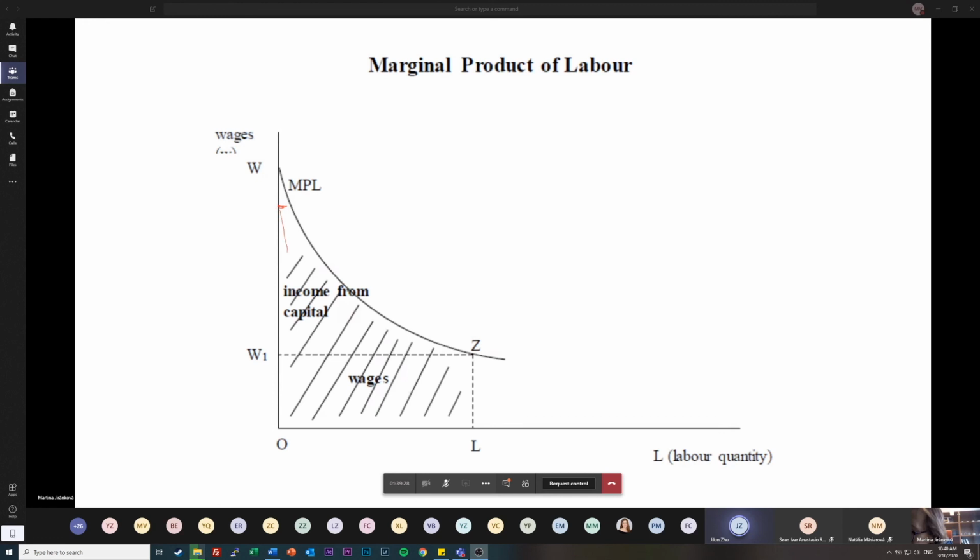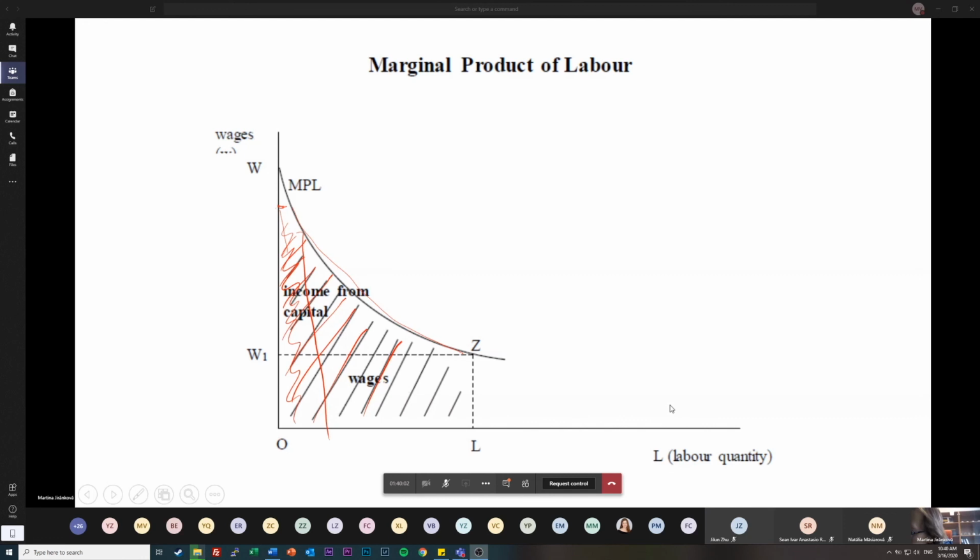For example, only up to here. Or if you have more people here, GDP will be more. Right? Okay.